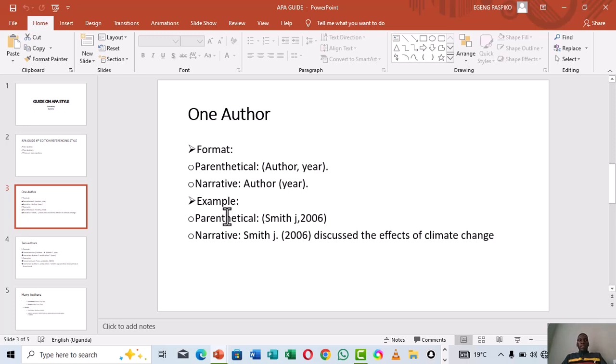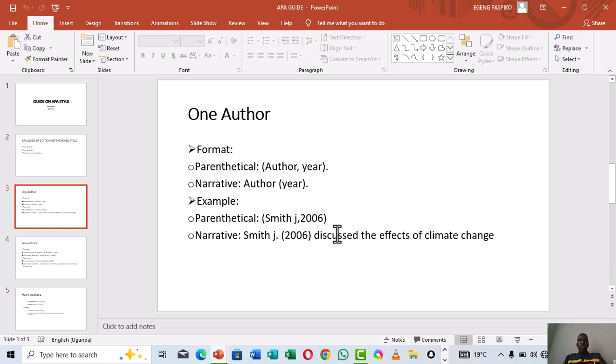Example, for parentheticals we have Smith, 2006. Then in the narratives we don't have the bracket around the name, we just have Smith, then 2006. What did he talk about? Like, he discussed the effect of climate change. That's how you're supposed to cite for one author.